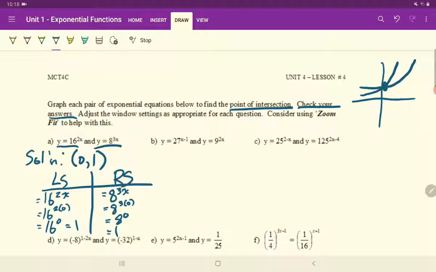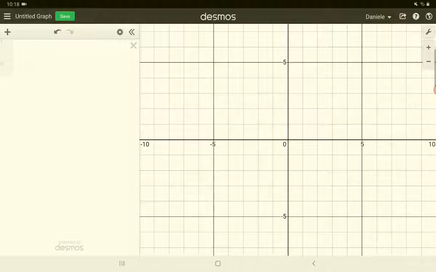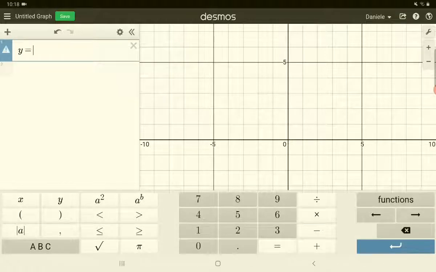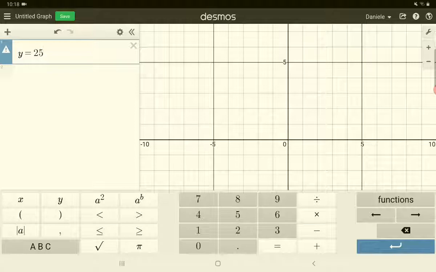Let's do one a little bit more challenging. Let's go over to C. I want to do C because, see how the exponent is an expression, 2x minus 4 and 2 minus x? Desmos handles this in a certain way that I need to make sure you can see. I'm going to plot each of these equations, and you'll see how I type these into Desmos. I have y equals 25 to the power of, and because the exponent is an expression, 2 minus x, I have to put it in brackets.